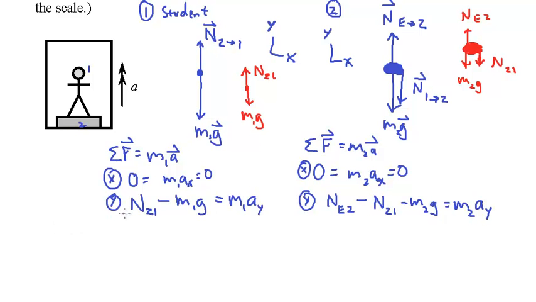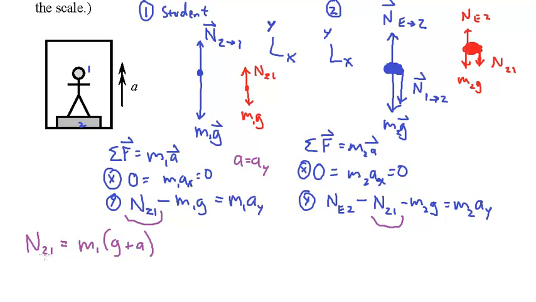The most interesting thing is the force the student exerts on the scale and the force the scale exerts on the student. Because the scale doesn't measure your weight. It can't. It doesn't feel your weight. The scale measures the normal force that you are exerting on it, or the normal force that it has to exert on you. So this N21 is actually what the scale is reading.